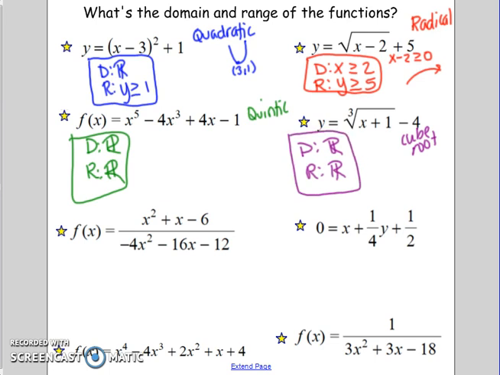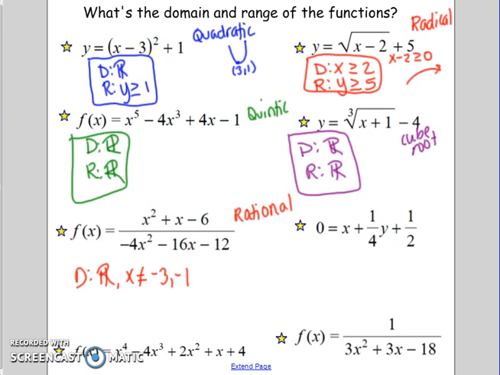And the next one is a rational function. So since this is a rational, we have to factor the top and bottom, and then see what our restrictions are in the bottom. So the domain is going to be all real numbers except for our restrictions. Okay, and in this case, the restrictions would be -3 and -1, and that's from factoring the denominator.